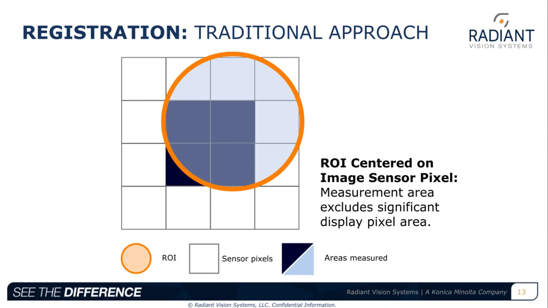Ideally, the ROI should be positioned right in the middle of the center of the display pixel. But in traditional methods that we've described, the ROI is centered on an image sensor pixel. Given this constraint, we are now excluding significant areas of the display pixel and capturing a lot of areas outside of it.